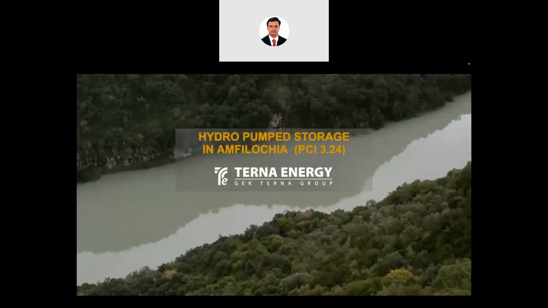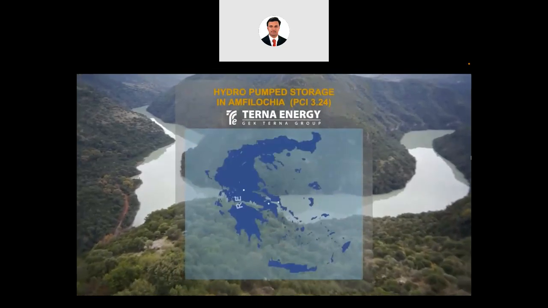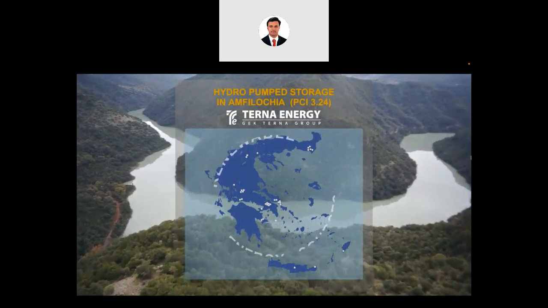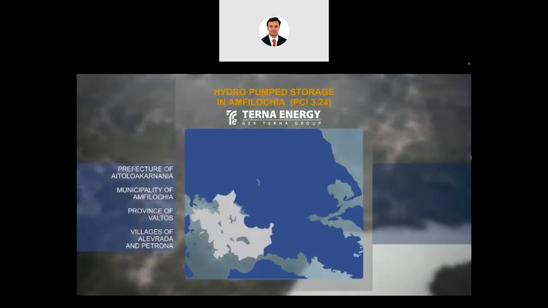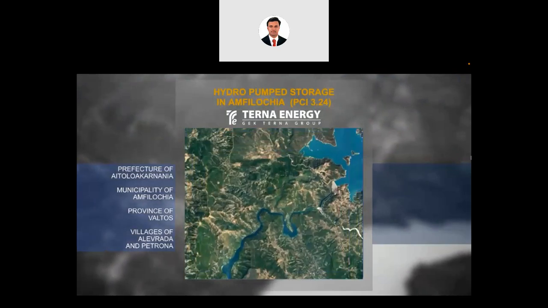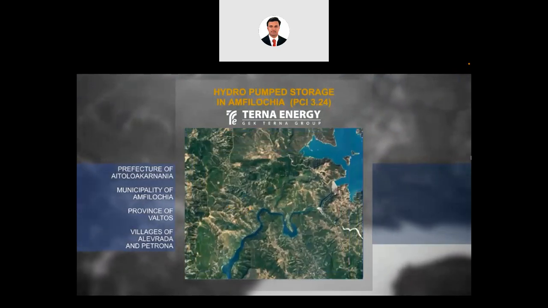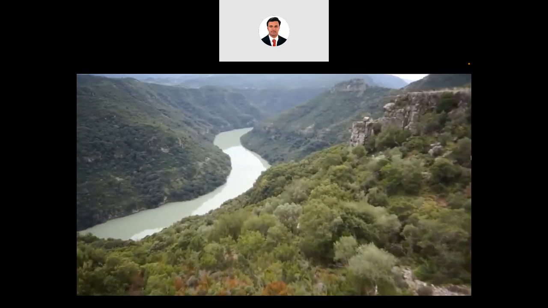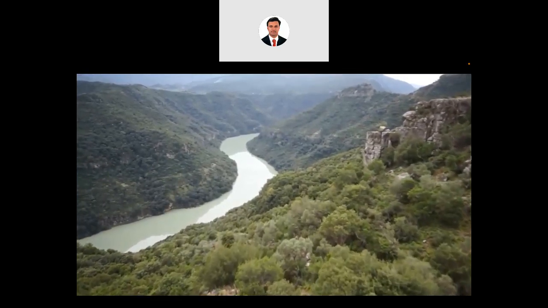The Project Hydro Pump Storage System in Amphilohia is being developed by Terna Energy, a company with a strong and successful presence in the field of renewable energy sources, both in Greece and abroad. The project is located in the western Greece region, prefecture of Attila Karnania, municipality of Amphilohia, Valtos province.